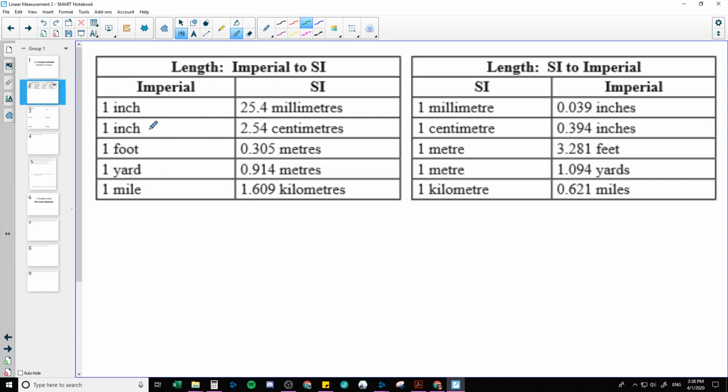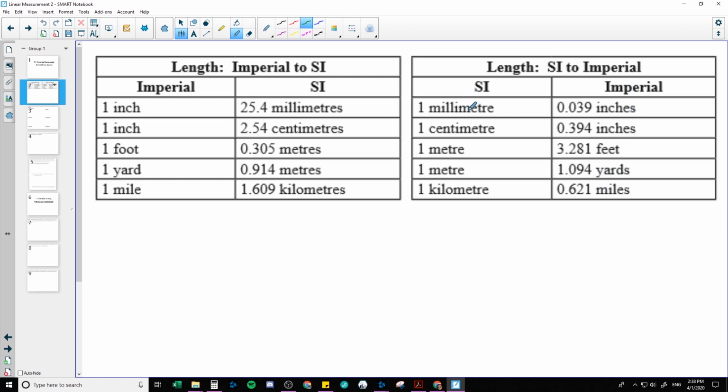So this first one over on this side shows us how imperial units compare to metric units. So this will say 1 inch is 25.4 millimeters. 1 inch is 2.54 centimeters, and so on and so forth. This chart on the right is converting metric units into imperial units.